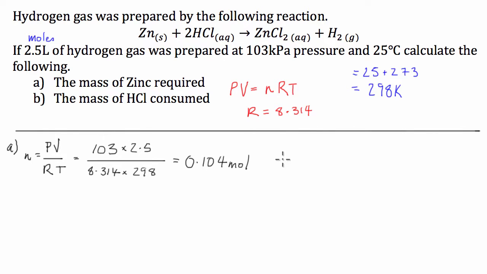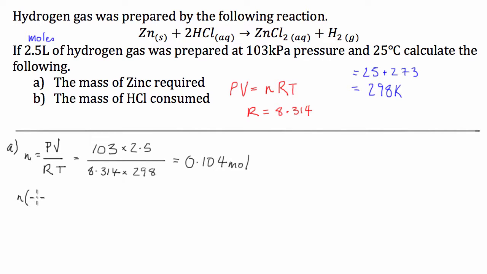Mole of hydrogen gas. So what we then do is we have to look at our molar ratios using the balanced chemical equation. So we have here the number of moles of hydrogen gas is equal to the number of moles of zinc metal to start with. So what we do is we go, the number of moles.